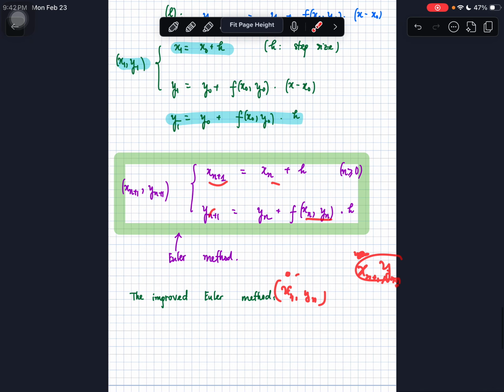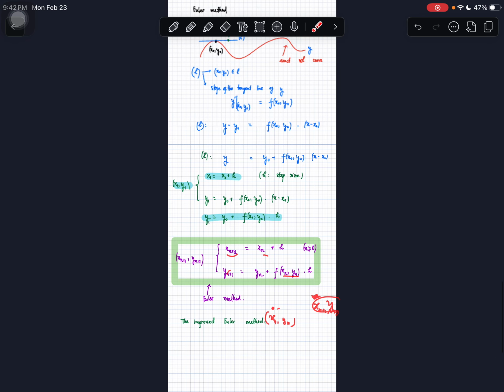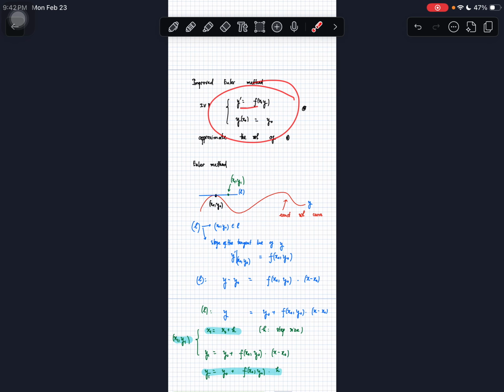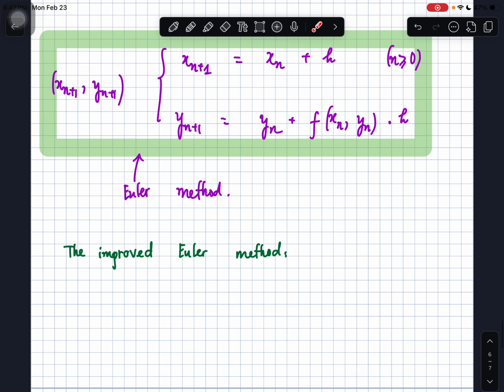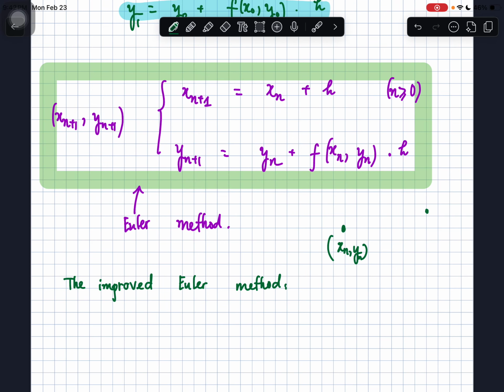Because we do know what is the exact slope at this point given by this system. For (x(n+1), y(n+1)), we do know what is the slope y prime at that point. So the idea is, we know the slope at (xn, yn). Now, using the prediction, you move h units, you have x(n+1). Say we have this y(n+1). They want to use the slope at this point too. And then they take the average. So that's the idea of the improved Euler methods.